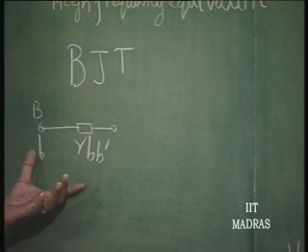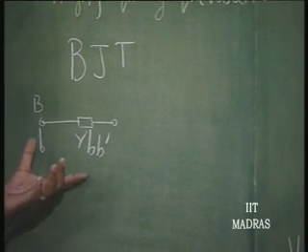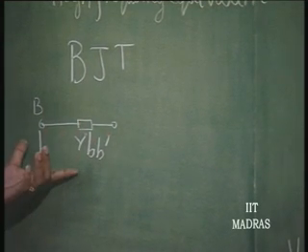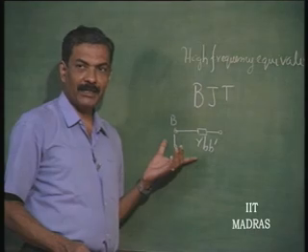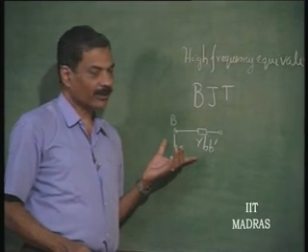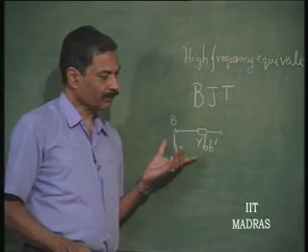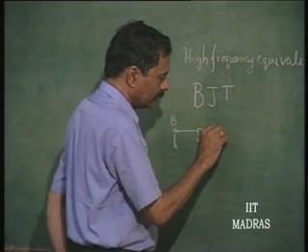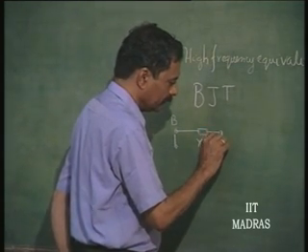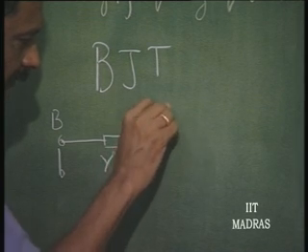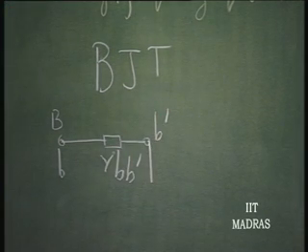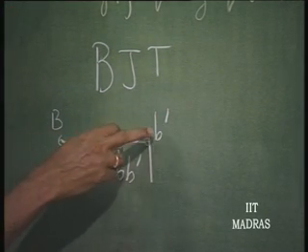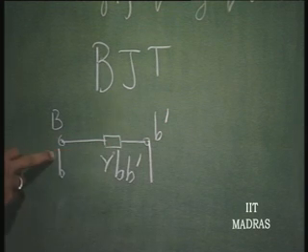This is the base resistance from the junction to the contact. This should be made as small as possible. This is of the order of a few ohms, tens of ohms. And then we have the actual junction coming into the picture, that is called B dash, because from the actual junction up to the base contact there is an ohmic resistance.